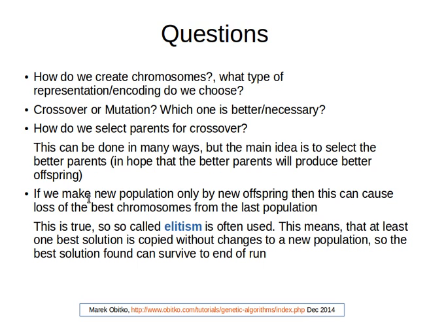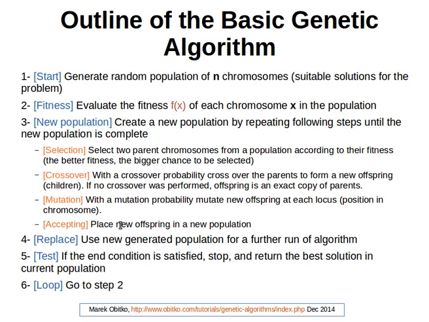Then if we make a new population by only choosing the new offspring, then this can cause loss of the best chromosomes from the last population. So remember here we said we actually placed new offspring into the new population, and what that means is we don't actually use any members of the population from the last iteration, and this causes loss of good candidate solutions.